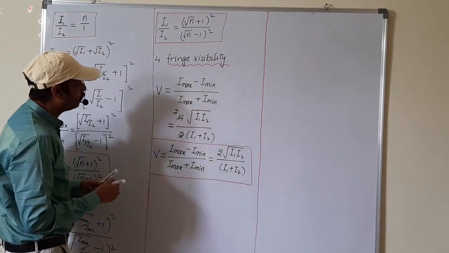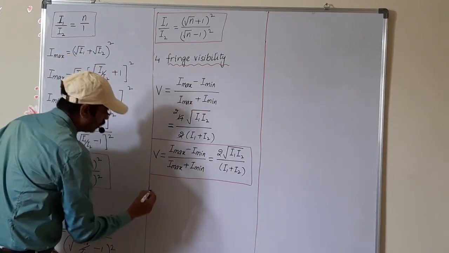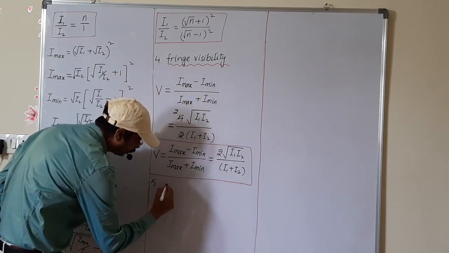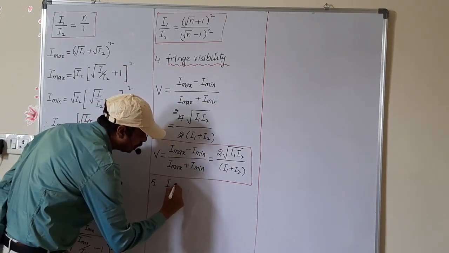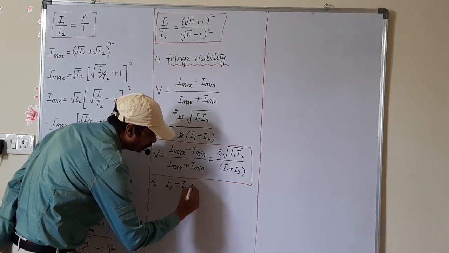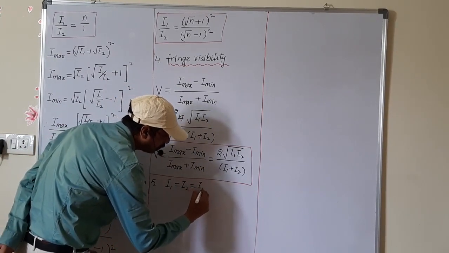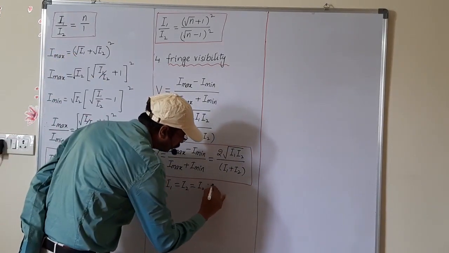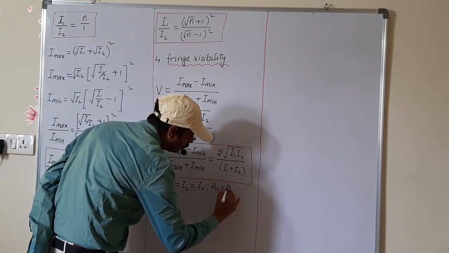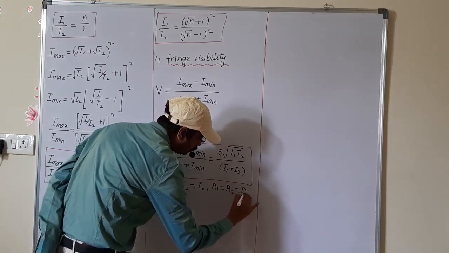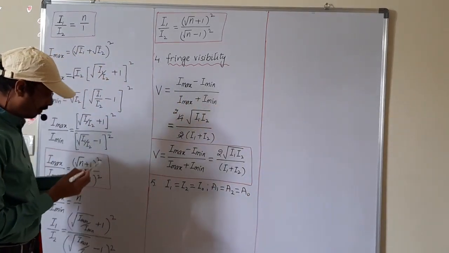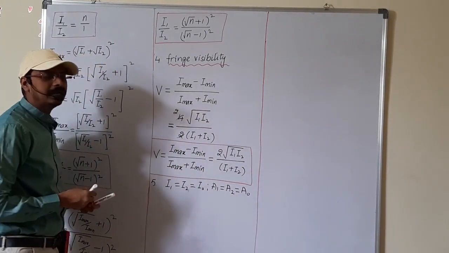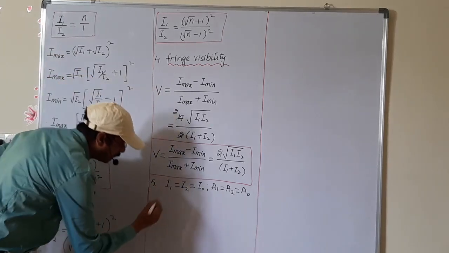Then the fifth one we can discuss. For example, take I1 is equal to I2, that value I am writing as I0, or in terms of amplitude A1 and A2 equal to A0. We have to discuss in terms of intensity and in terms of amplitude. First I am taking the intensity.